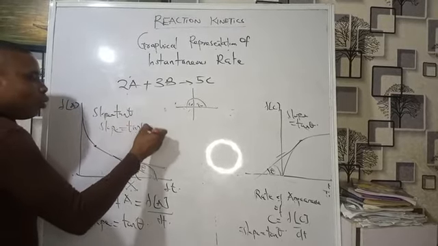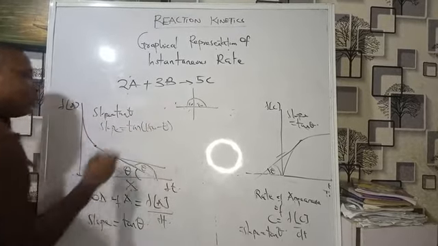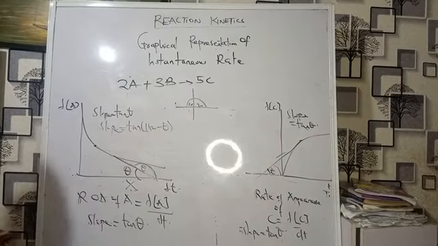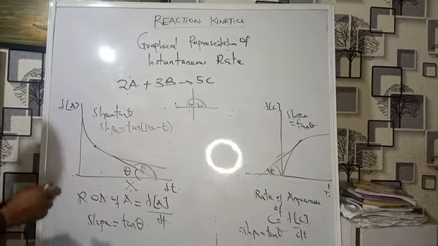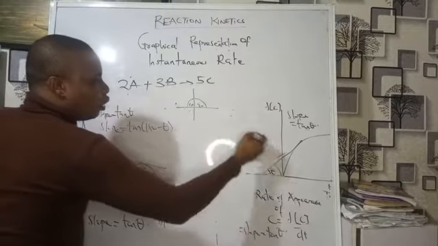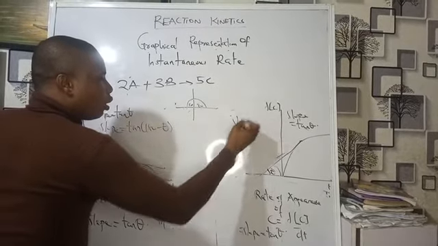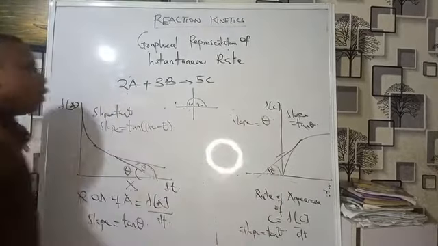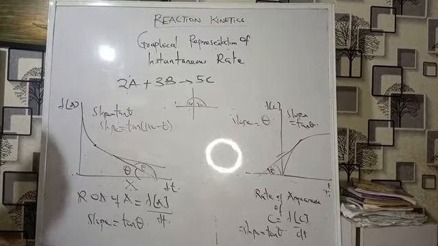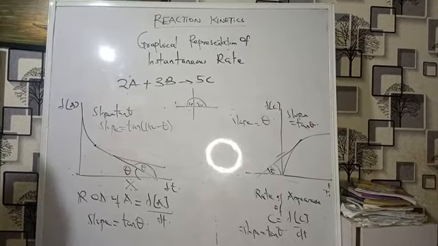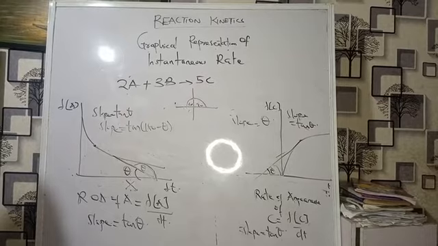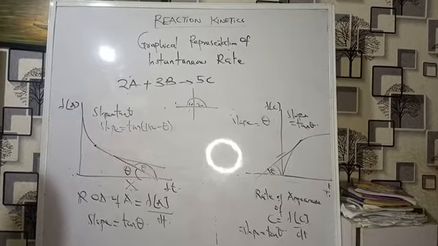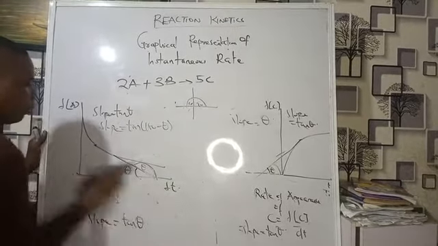Tan 180 minus theta. For the reactant, the slope is tan 180 minus theta. But for the product, the slope is tan theta. So, assuming we are given something like this, let me rub this off.